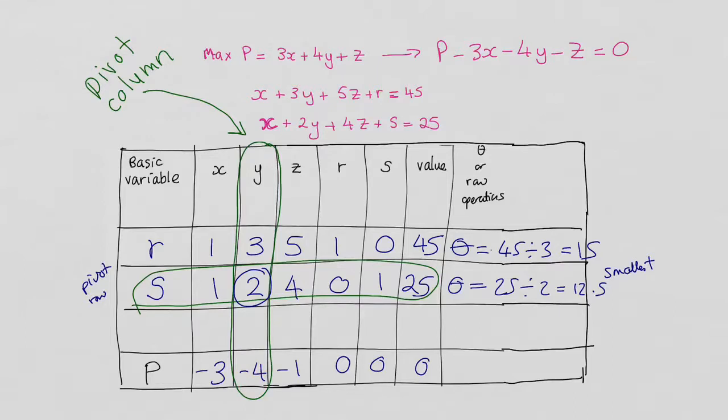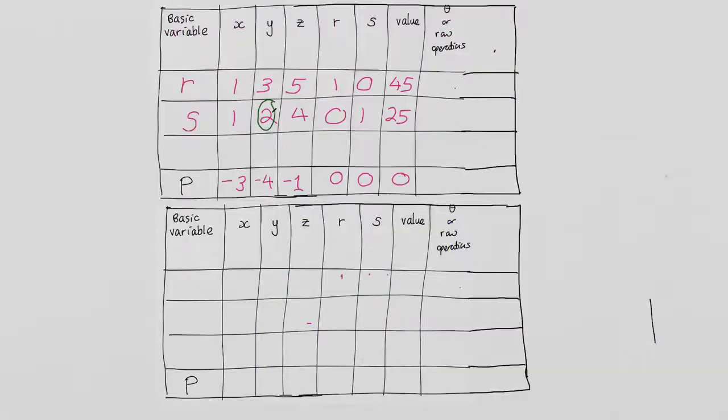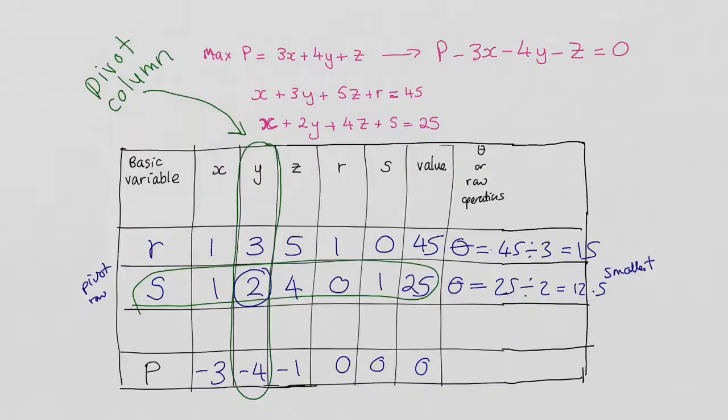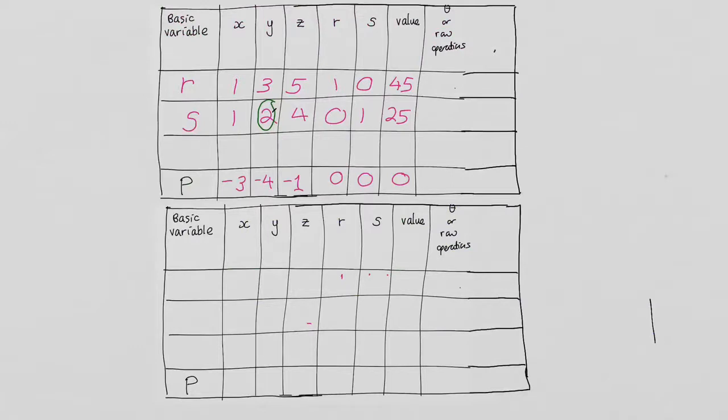So we eliminate Y in every equation other than the one we're actually dealing with, our pivot row. So I need to take that entire row and divide it by 2. So I've just copied across my tableau there, okay? And I've circled the pivot element. I'm now going to take that row and divide it all by 2.